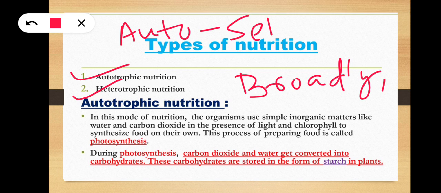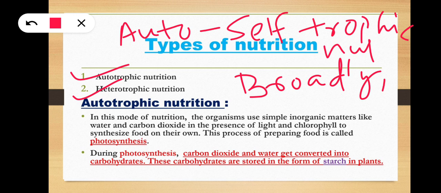Here, auto means self, and trophic means nutrition. That means it is self nutrition basically. And hetero means they depend upon the autotrophs for their nutrition. So in case of autotrophic organisms, they actually make their own food.